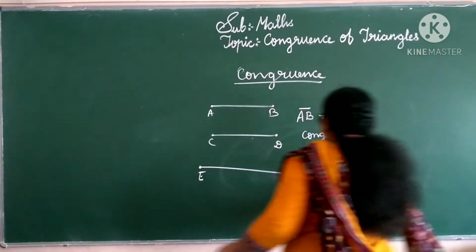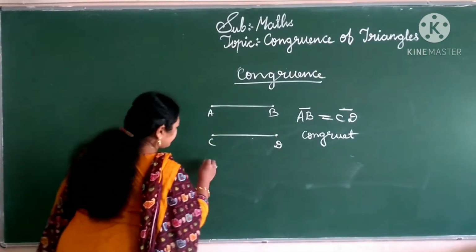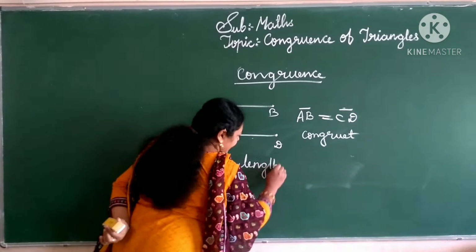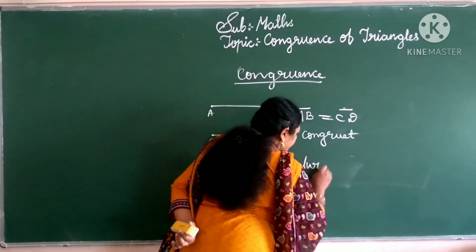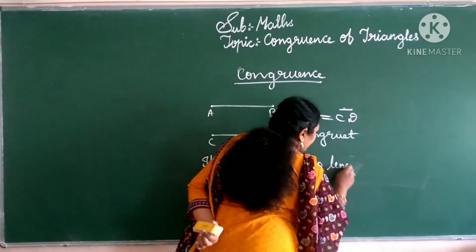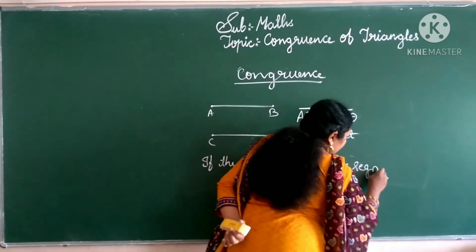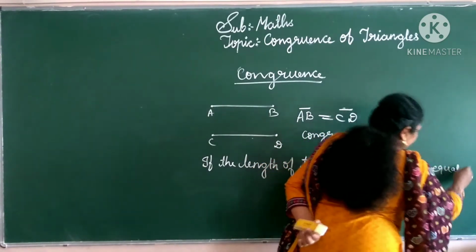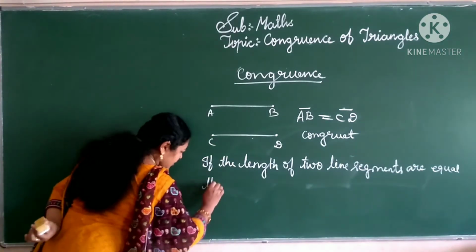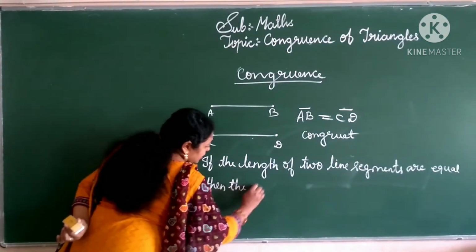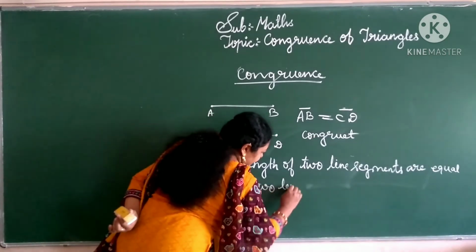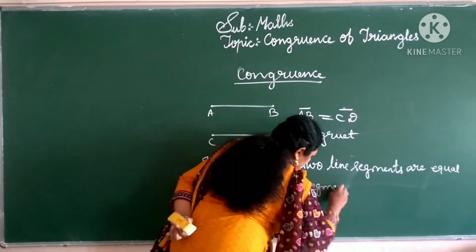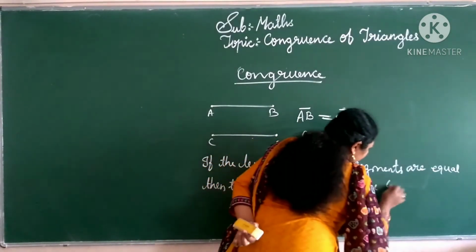So we write the statement: if the lengths of two line segments are equal, then the two line segments are congruent.